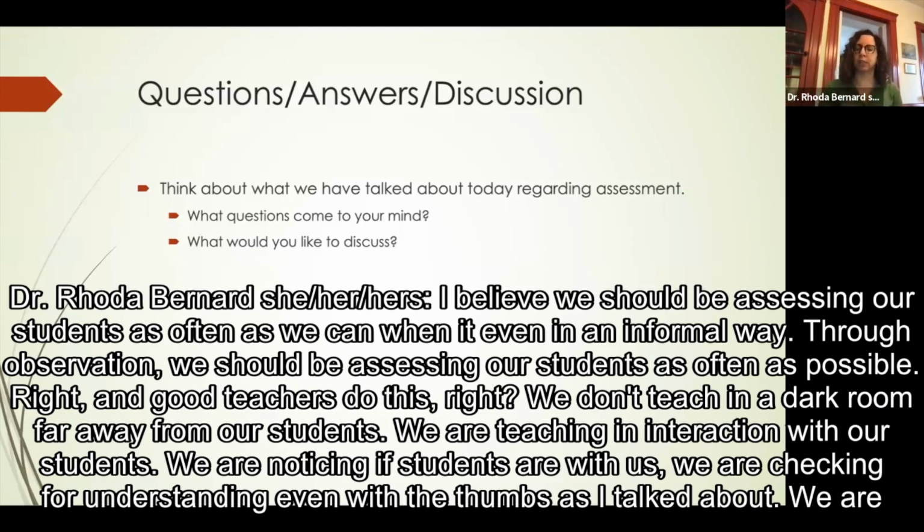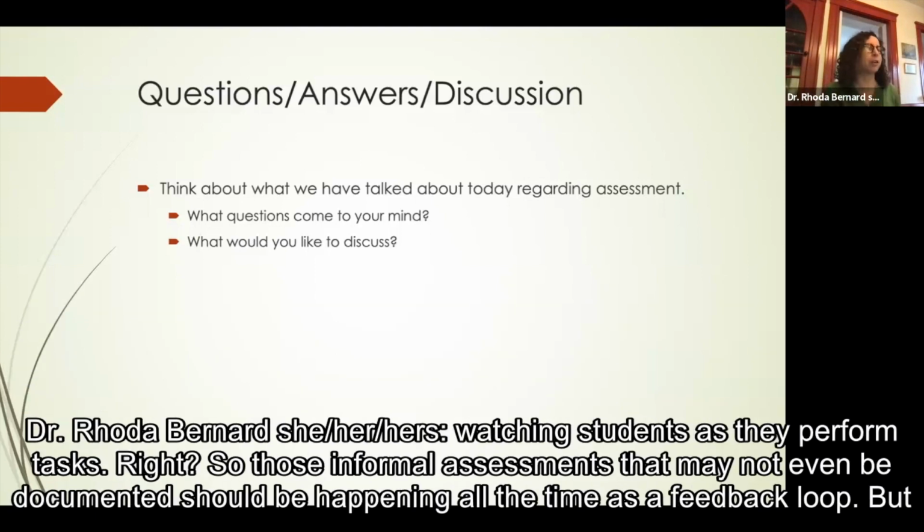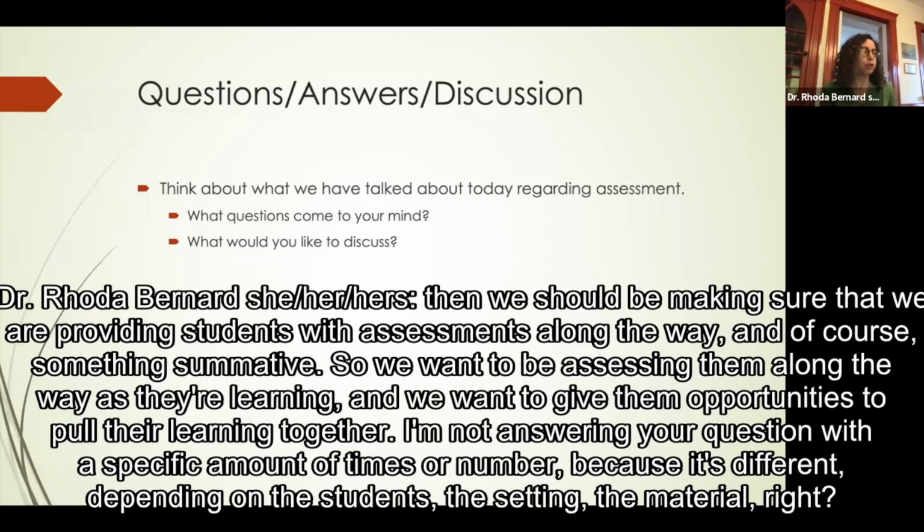We are checking for understanding, even with the thumbs, as I talked about. We are watching students as they perform tasks, right? So those informal assessments that may not even be documented should be happening all the time as a feedback loop. But then we should be making sure that we are providing students with assessments along the way, and of course, something summative.